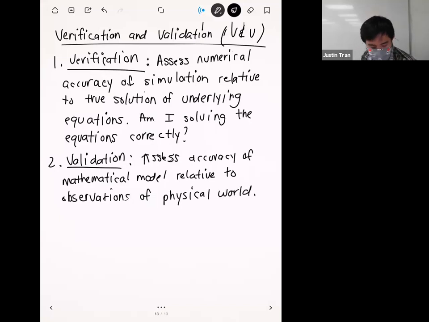Another way to think of validation is to ask yourself the question, am I solving the right equations?